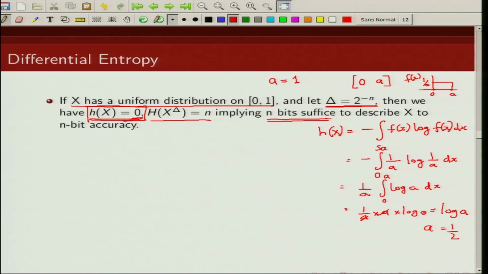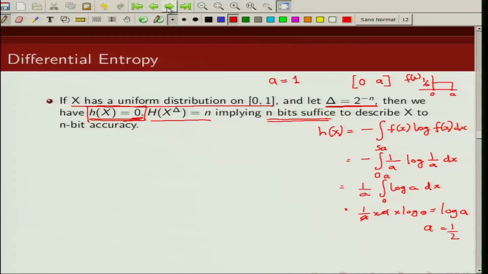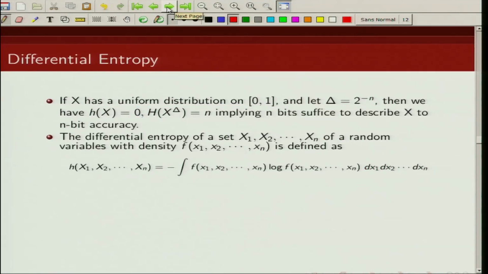So differential entropy can be negative. However, the volume of a typical set is positive. Okay. Next, we are going to define differential entropy for random variables x1, x2, x3, up to xn.